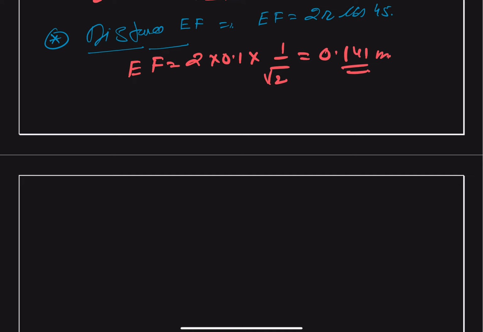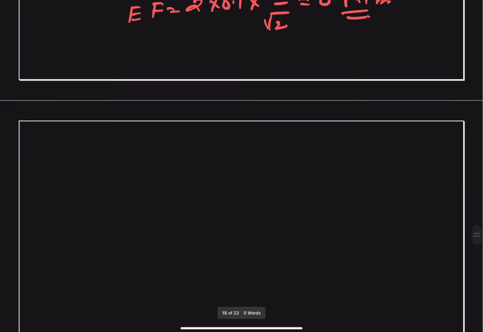And we are given case 2, where the magnetic field is now outward. So we can just draw an approximate diagram for that also.